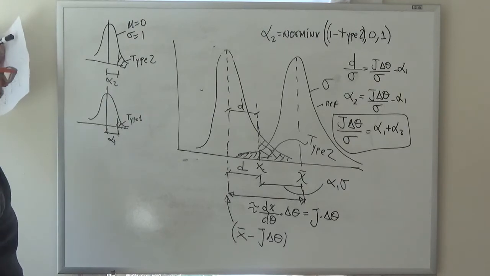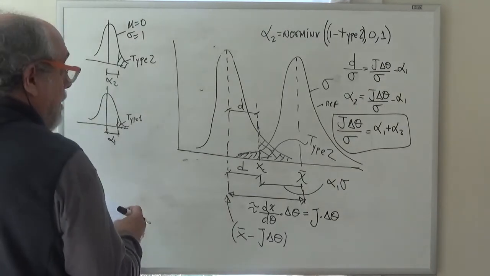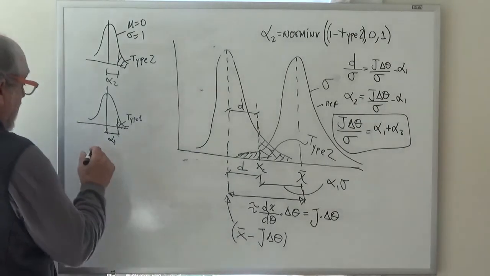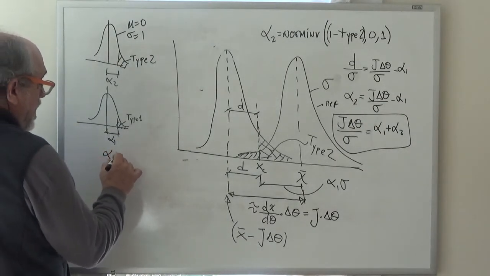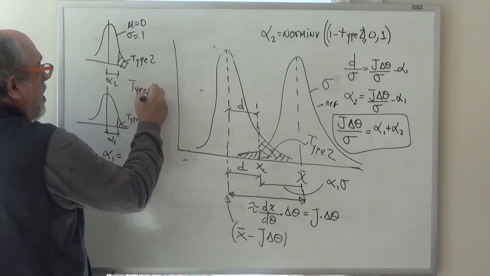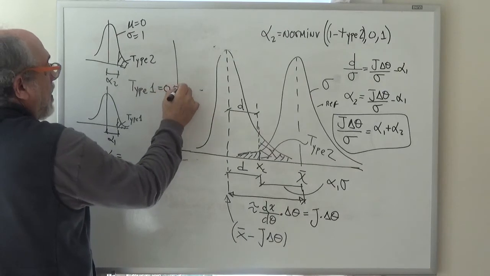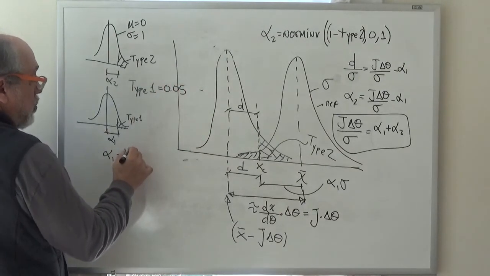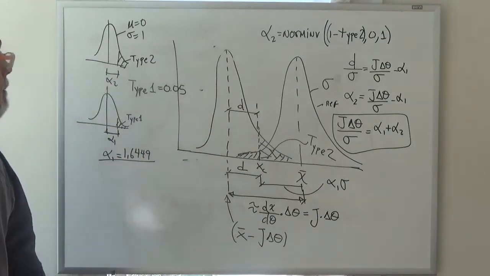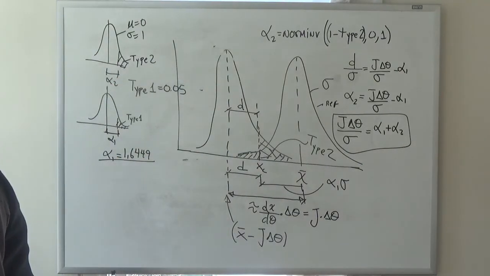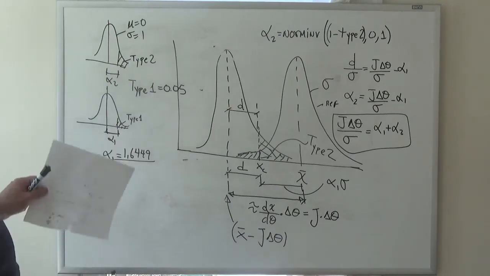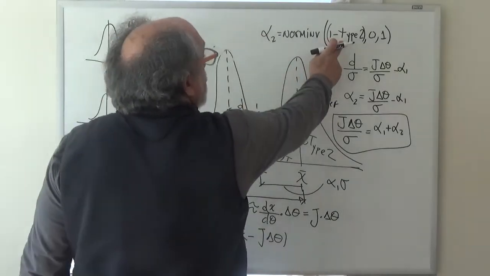Okay? Now, let's say that we want to make it concrete. Let's say that we want the type 1 error to be 0.05. Therefore, alpha 1 works out to be 1.6449. Now, alpha 2 depends on what? Alpha 2 depends on the type 2.